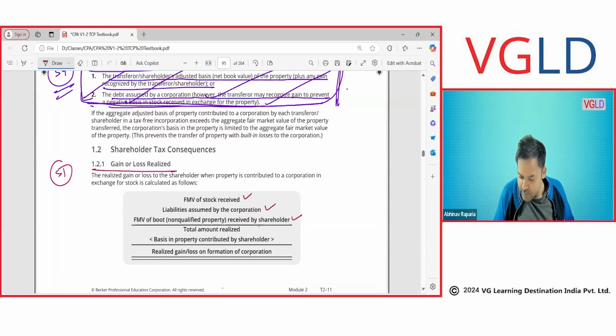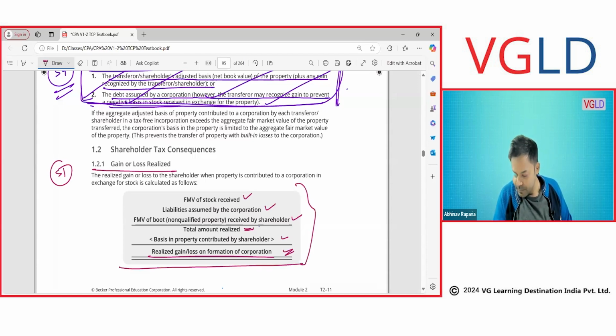This is giving me amount realized minus basis in that. That's the same thing. Same form. Is this okay, guys? Is it clear?